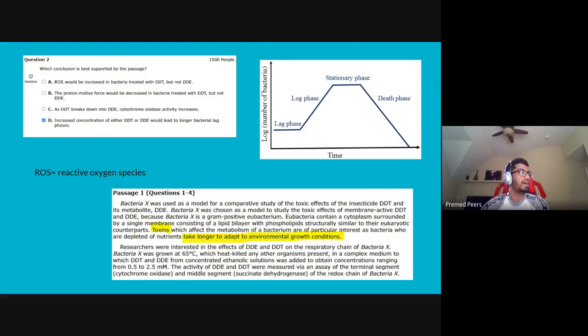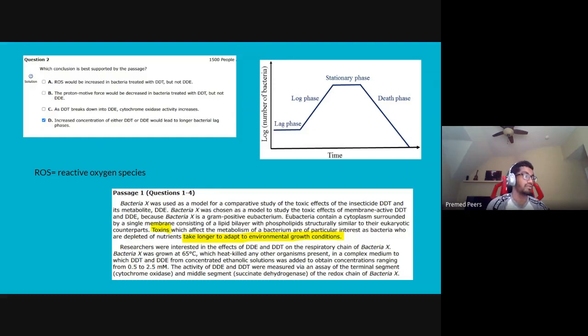So we have that the DDT and DDE cause the reduction in the output of ATP. So that's one way to go about it, where you look at how it'll take a while for the bacteria to adapt to this lack of energy output.